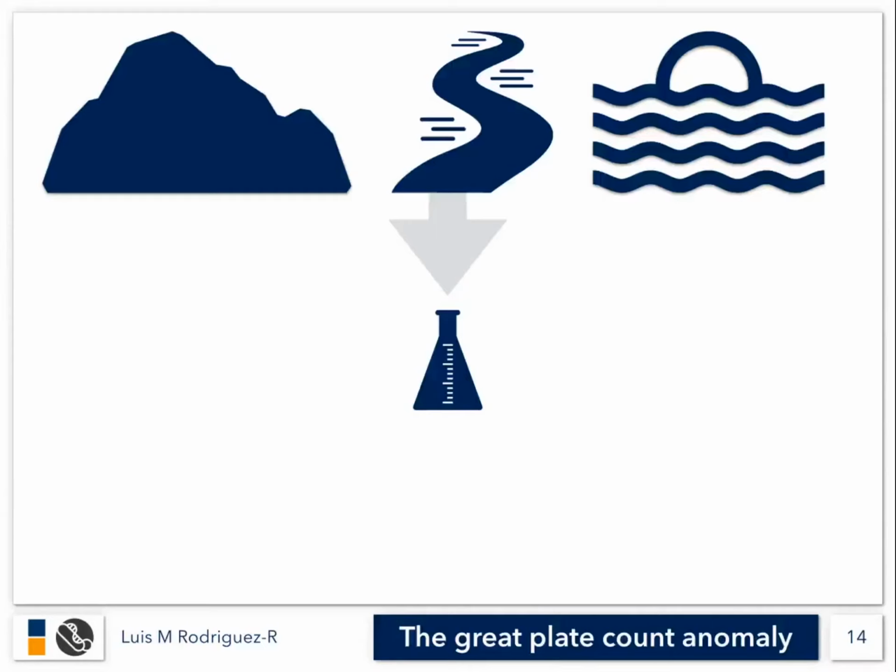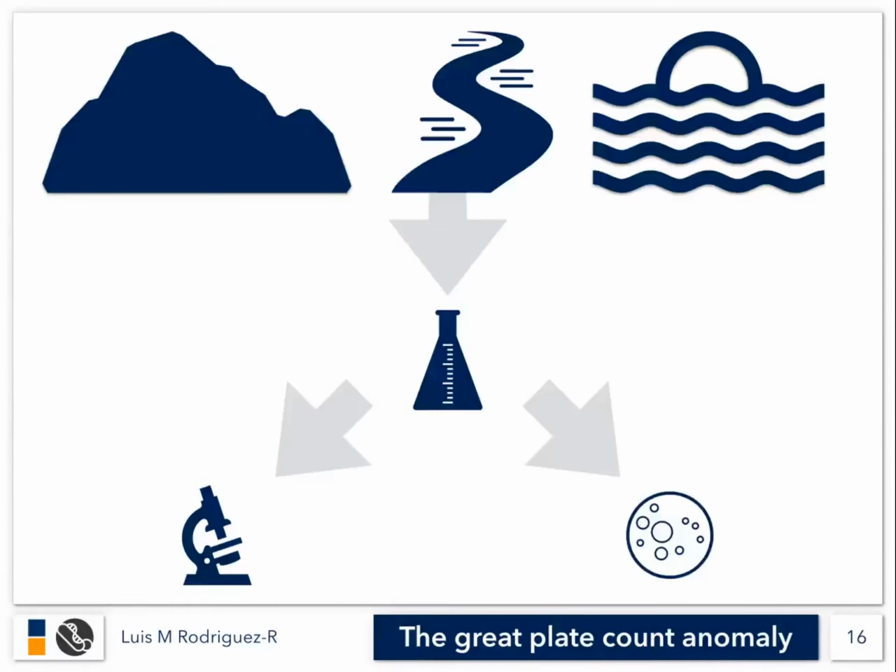So we go to an environment, we take a sample, and then in that sample, we can either observe directly through microscopy or related techniques like FACS or different ways of counting cells, where we can observe directly from that sample and count the number of cells in there.